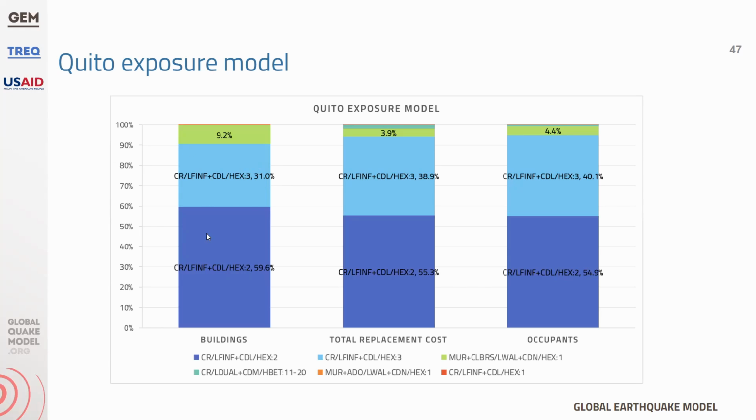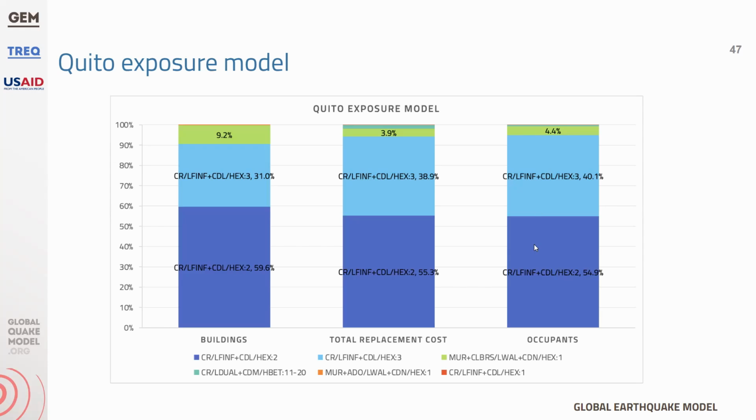This is making up almost 90% of the buildings in the exposure model of today. In terms of replacement cost, again, most of the replacement cost is dominated by these 2 building classes. And also in terms of occupants, most occupants live in these 2 building classes. So basically, individual houses, 2-3 stories, made of these masonry panels, semi-confined by these concrete elements.